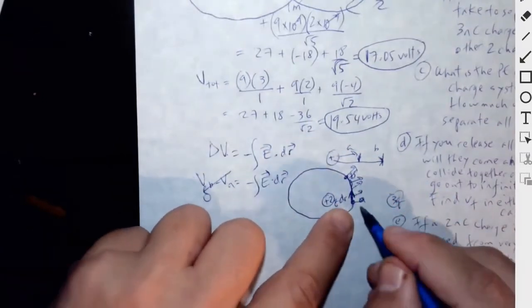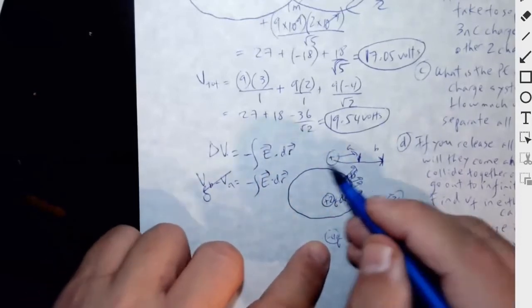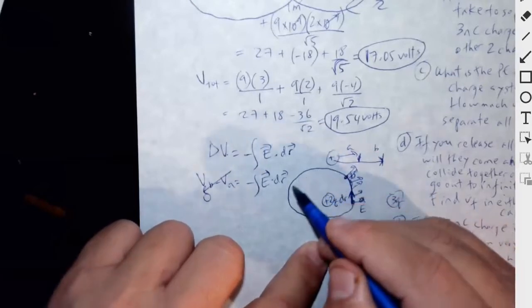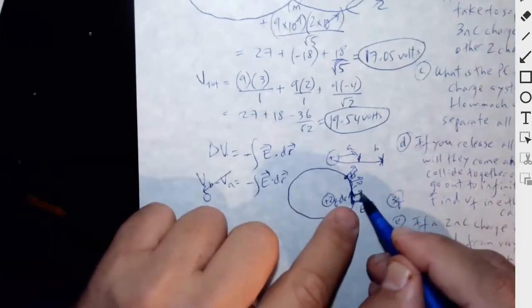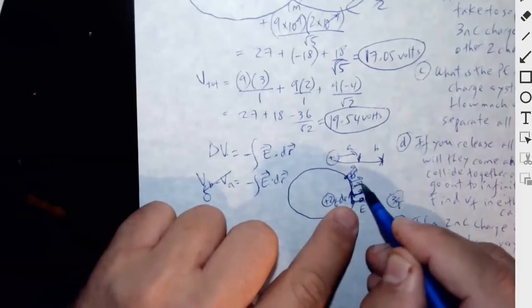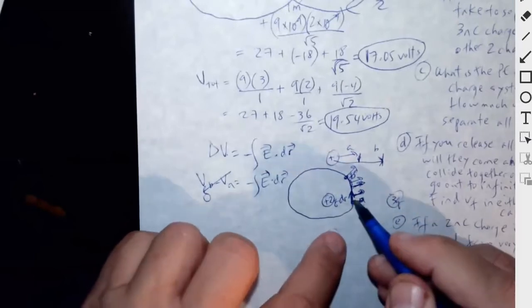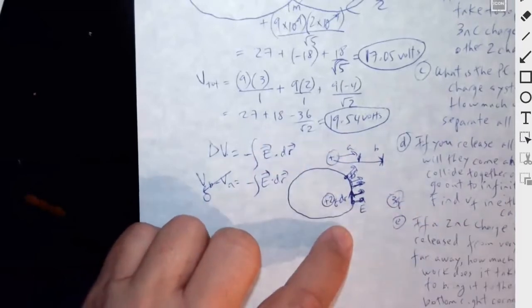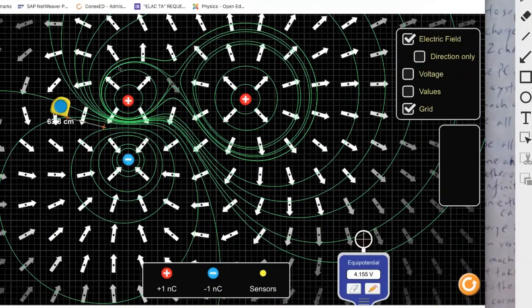So the electric field created by this charge distribution, if that shape is truly an equipotential, has to be at every step of the way perpendicular to that shape. Even if that shape is not a circle, you could say, let's just say this weird shape.